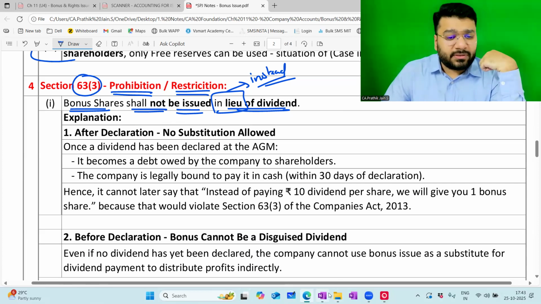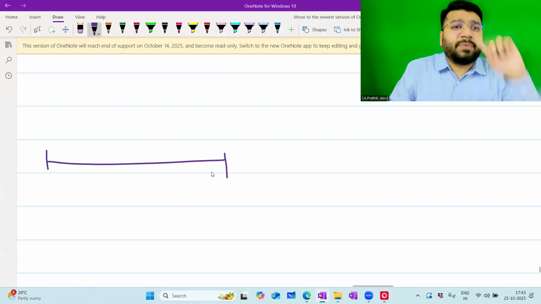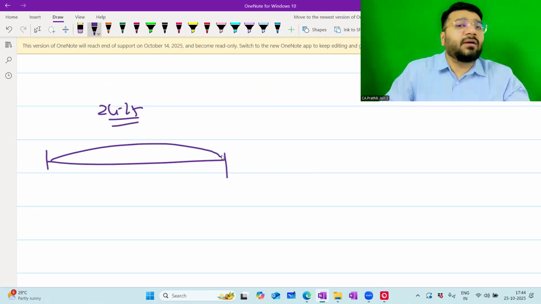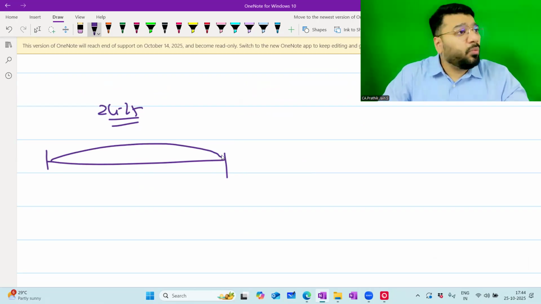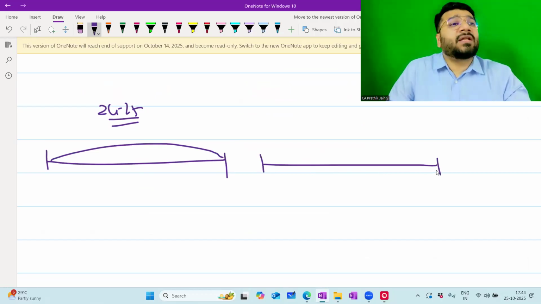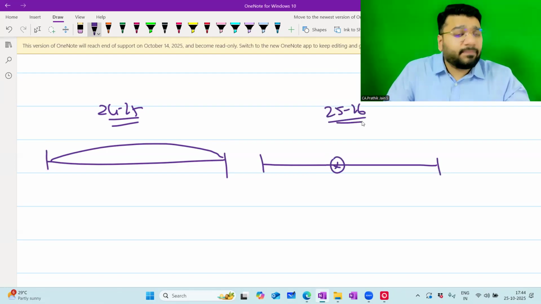Okay, I'll tell you what happens. What is the previous financial year? 24-25. Okay, wow. Whatever profit is earned in 24-25, the income tax return of that is submitted when? In the current year, that is 25-26.